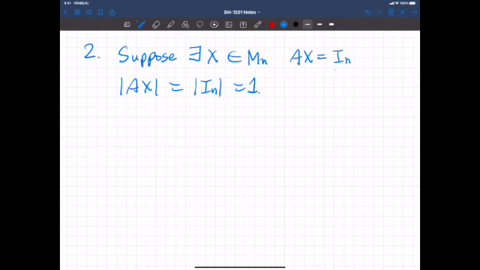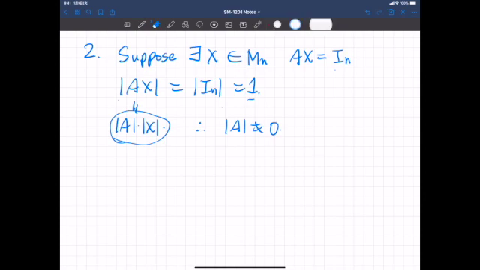But as we have seen, the determinant of a product of matrices is the product of determinants of matrices. So this is equal to determinant of A times determinant of X. Therefore, the determinant of A is not 0 because this product is equal to 1. So it cannot be 0. And so that proves the only if part.